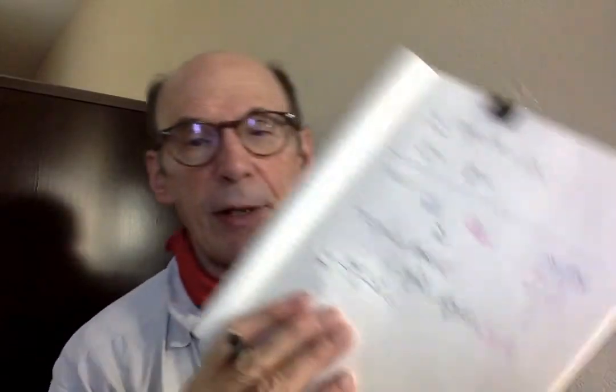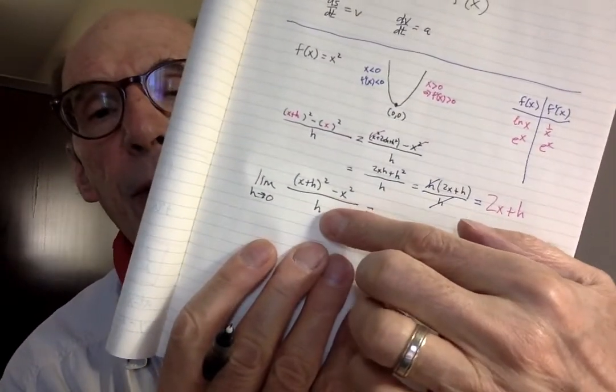So the limit, h near 0, big old nasty fraction, h on the bottom, and I'm just copying down what I've done here. So there's the original thing whose limit we were trying to take. And then that is the same as the limit of the other thing that we found that's equal to the original thing, but much simpler, 2x plus h.